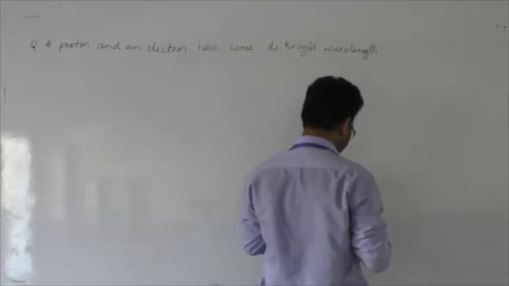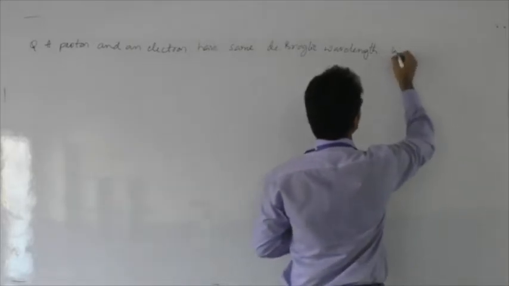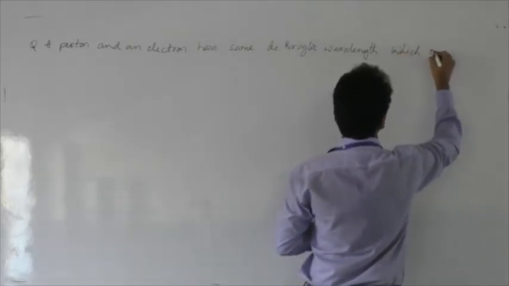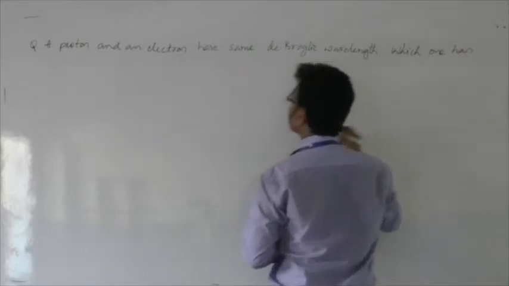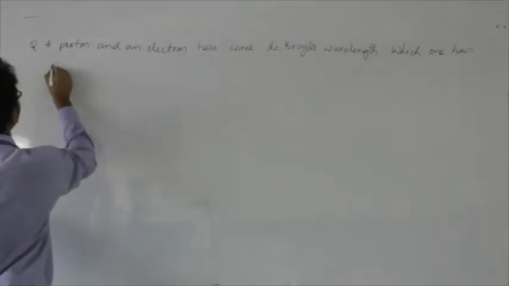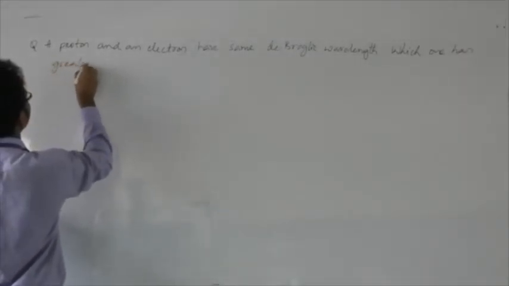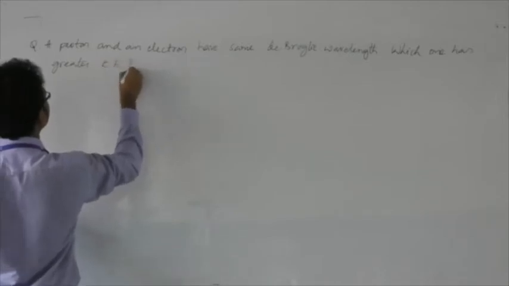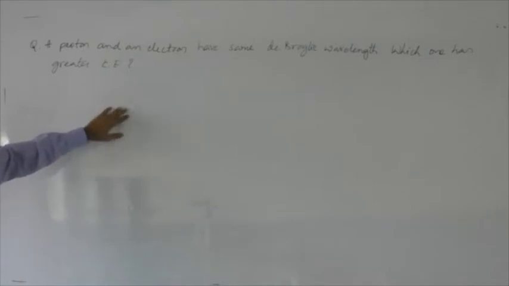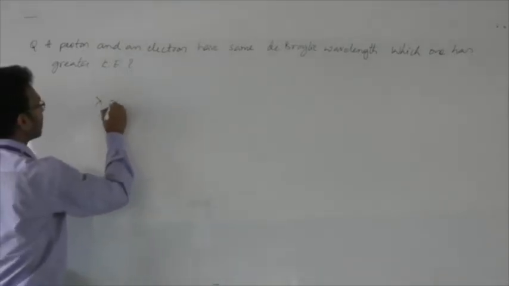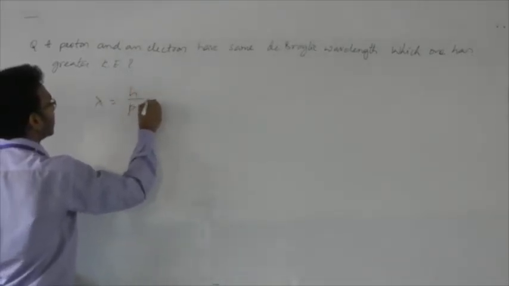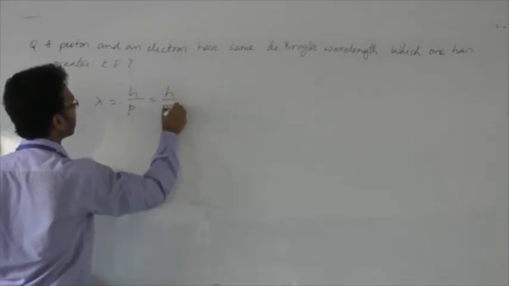Which one has greater kinetic energy? This is just like a reasoning question. Two particles are there, proton and electron. Both have the same de Broglie wavelength. What is de Broglie wavelength? Lambda is h by p. It is h by m into v.